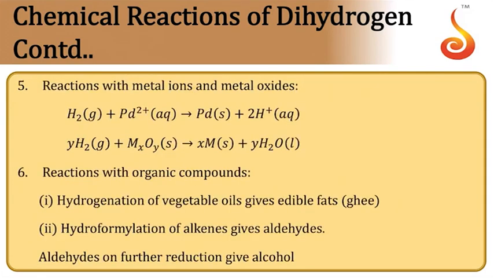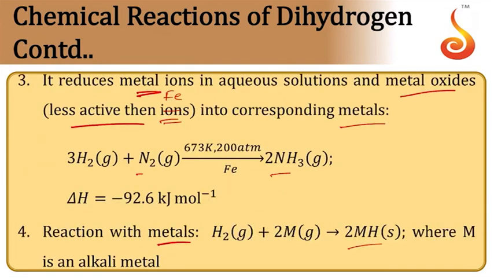The reactions are shown as follows. With metal ions and metal oxides, H2 with a metal ion, where the metal is less active than iron, changes the metal ion into the corresponding metal. You can take a metal oxide also, using hydrogen: the metal oxide gets reduced to the metal. So it reduces metal ions or metal oxides to the corresponding metals if the metal is less active than iron.